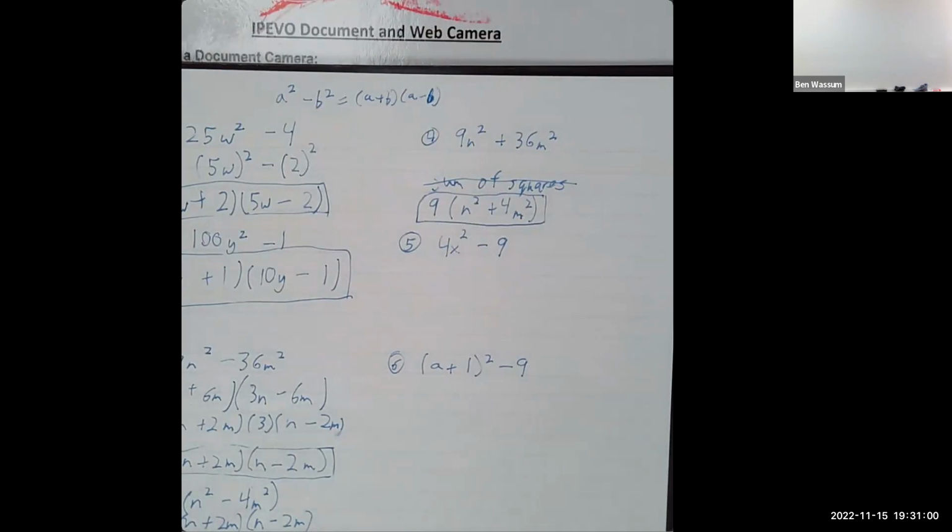There is no rule for a sum of squares. We have a difference of squares. Having a plus there means it's a sum. There isn't one. There is no factor rule for that. In fact, the closest you get is that example I used earlier where I said, hey, this is actually the definition of a perfect square trinomial.